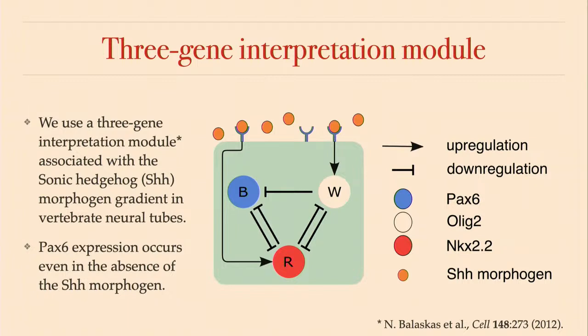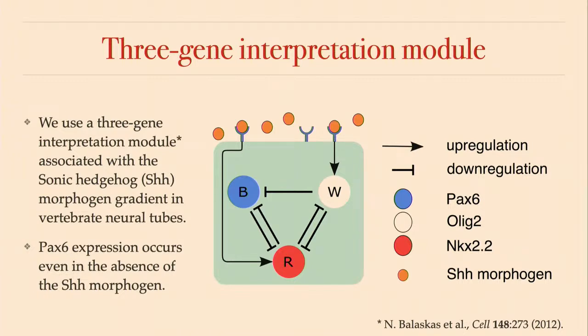The details are present here, but basically this is the way that they repress each other. Now, the blue one, PAX6, occurs even in the absence of the sonic hedgehog, right? So in our simulations, we will start with an elevated level of B, and these two will be basically absent, and we'll see what happens over time.